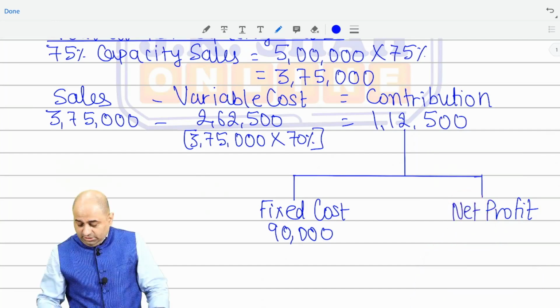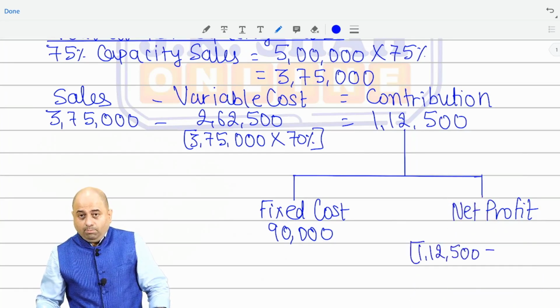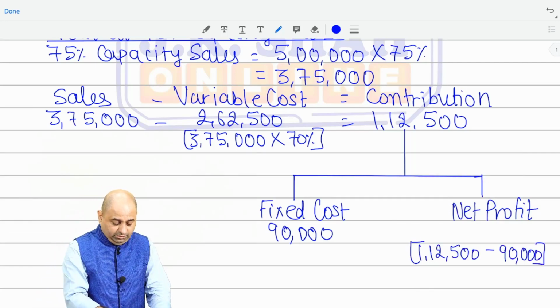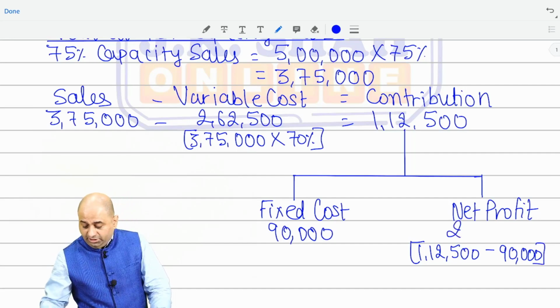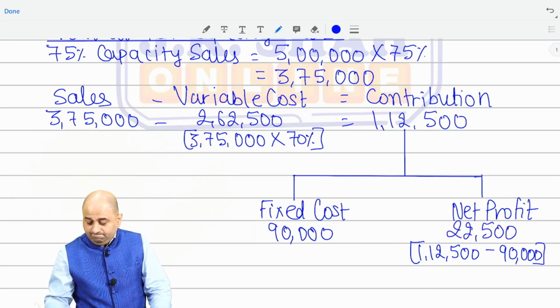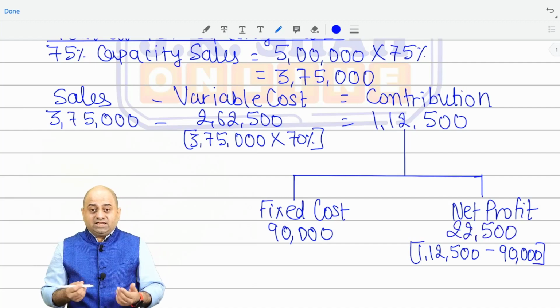So certainly 1,12,500 minus 90,000 will give me profit 22,500. That's it. That's the answer.